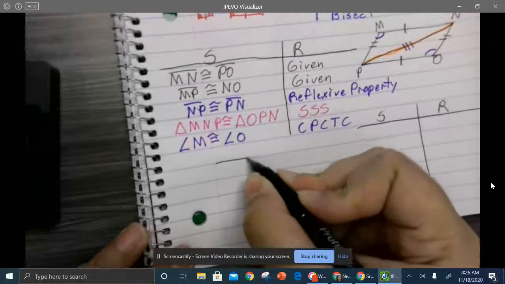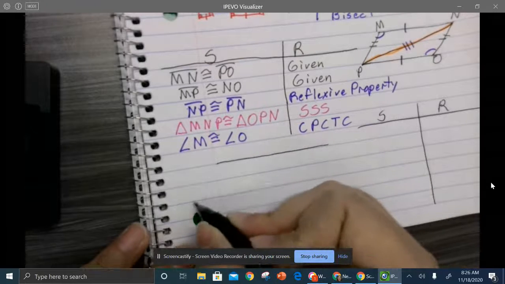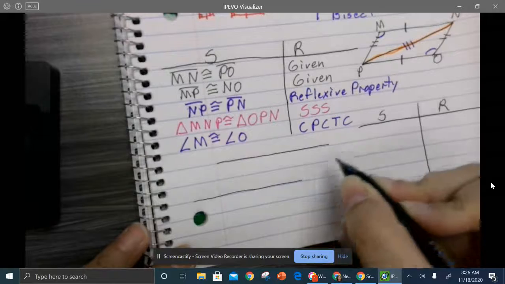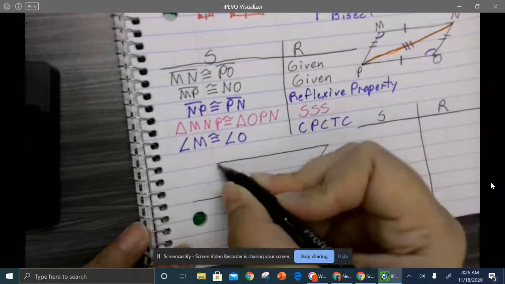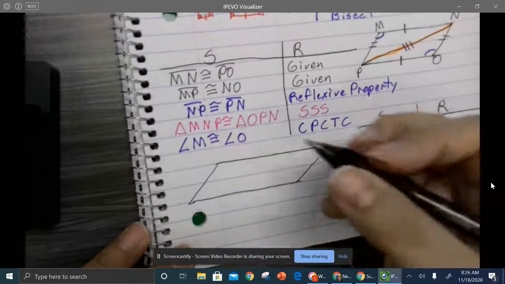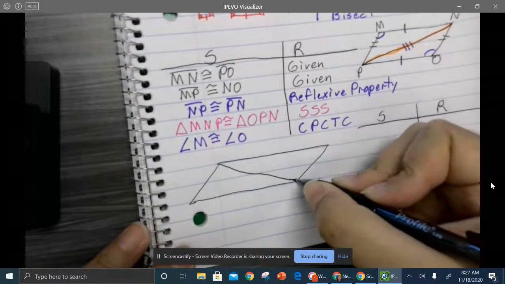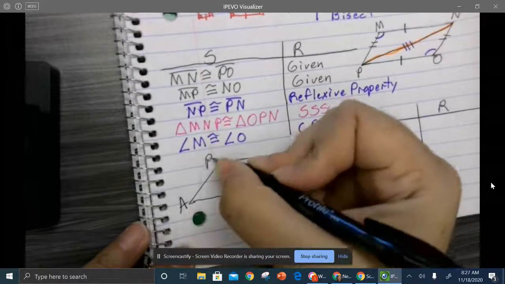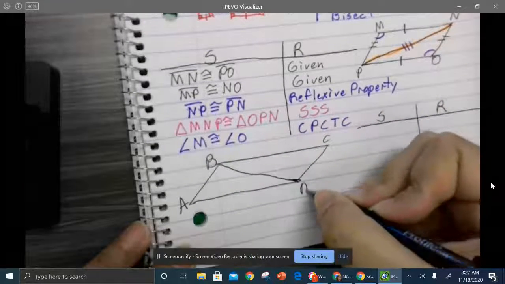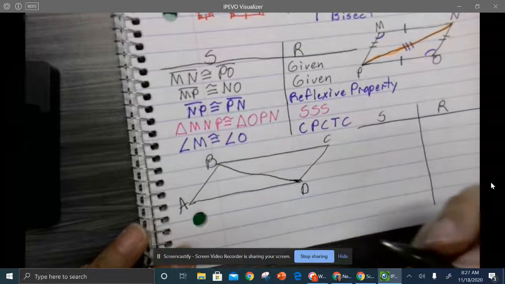I'm going to draw my parallelogram over here and label it ABCD.